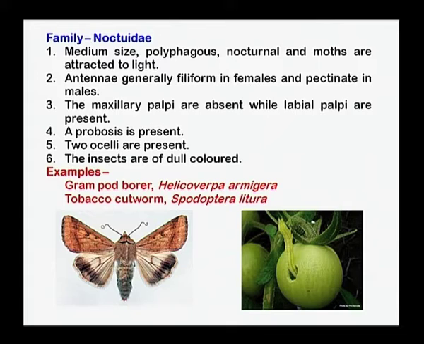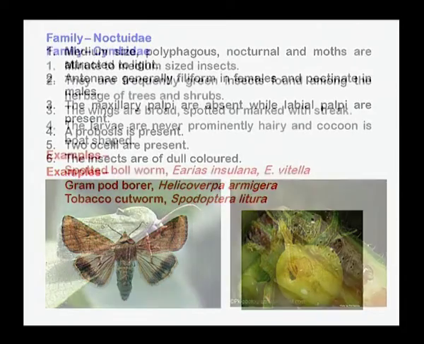A proboscis is present, a tube-like structure in which stylets are enclosed. Two ocelli are also present. Insects are mostly dull colored. Gram pod borer, that is Helicoverpa armigera, is one of the most common examples under the family.